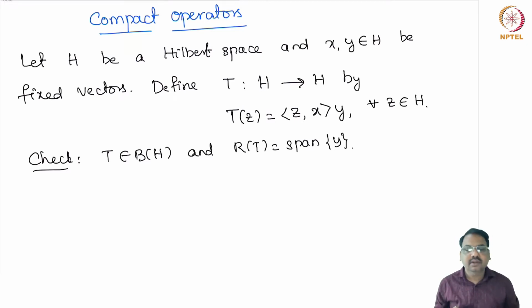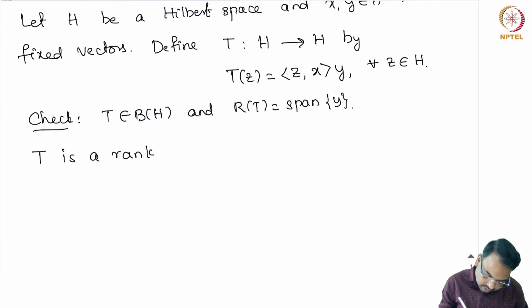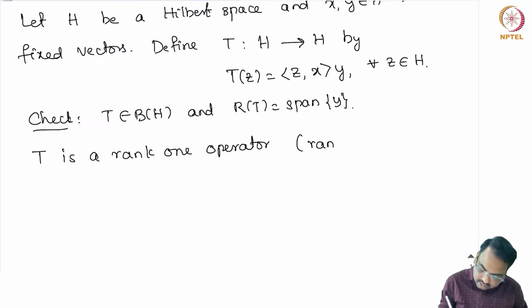So such an operator we call a rank 1 operator. Here rank is nothing but the dimension of the range of the operator.